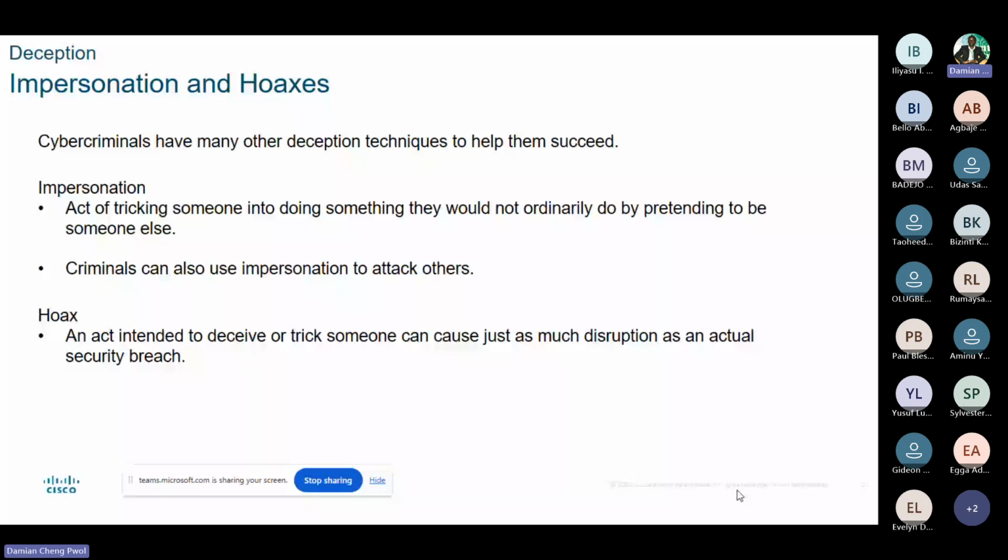Then hoax: an act intended to deceive or trick someone can cause just as much disruption as an actual security breach, in terms of the person coordinating to deliver the service or what he needs to do. So you disorganize such a person.